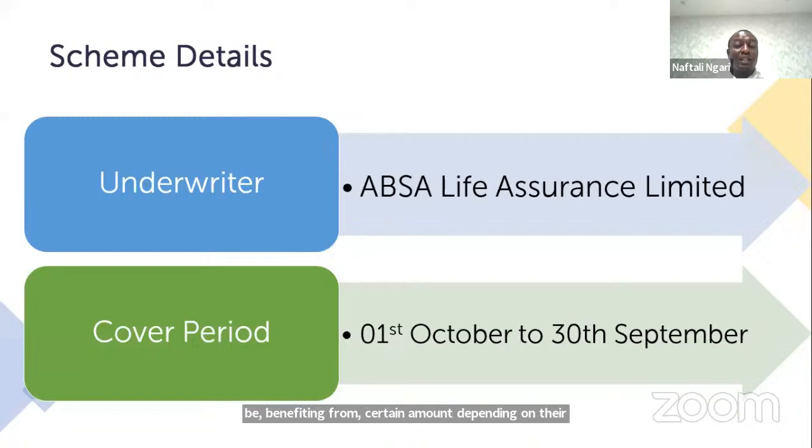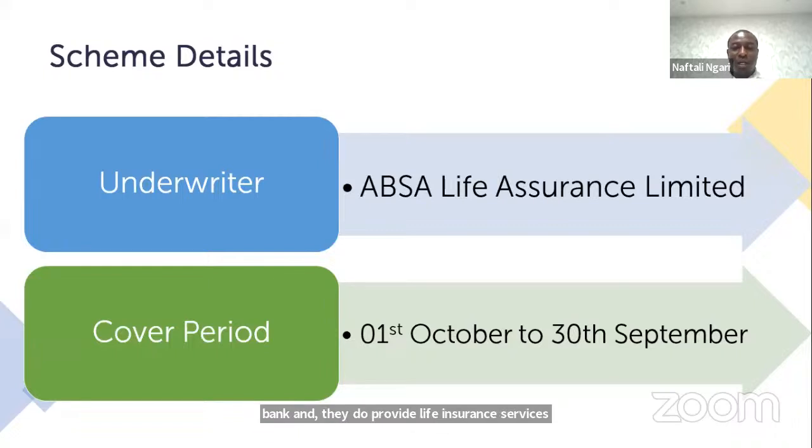So we have the current underwriter, the insurance company currently providing the insurance service, that is Absa Life Assurance. Absa Life Assurance is a subsidiary of Absa Bank, and they do provide life insurance services within Kenya and South Africa as well.